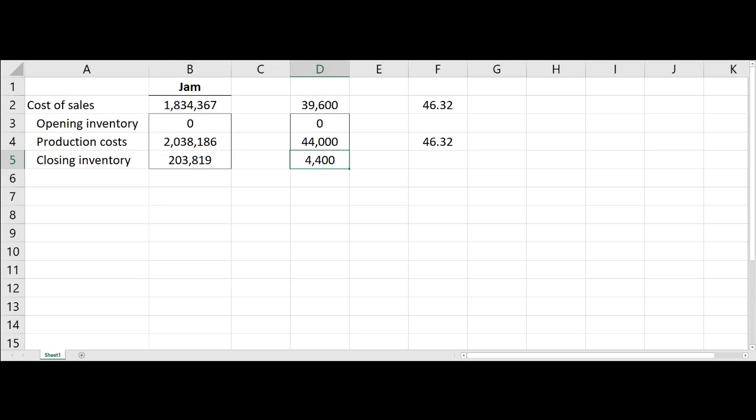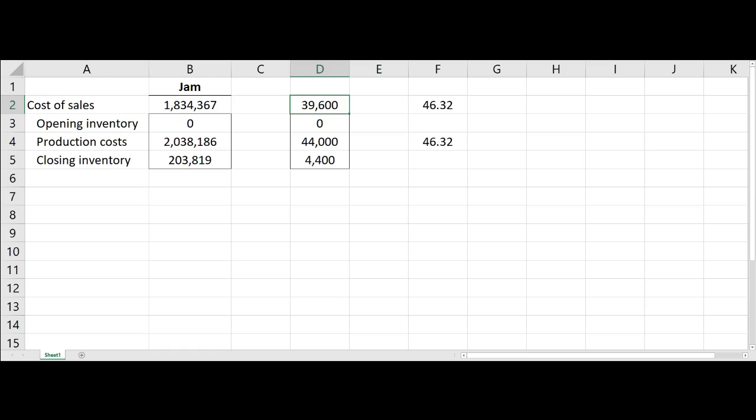If we then look at the units, we know that there are no units in opening inventory. We calculated that budgeted production is 44,000 units. We know that 10% of the units produced will be kept in closing inventory. So that's how we calculate closing inventory. And we calculate budgeted sales by taking opening inventory, adding budgeted production, and deducting closing inventory. That gives us budgeted sales.